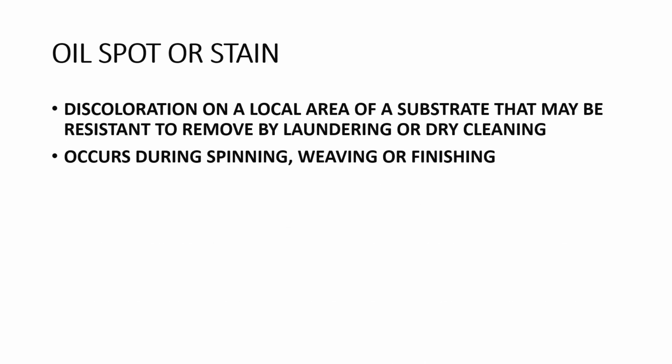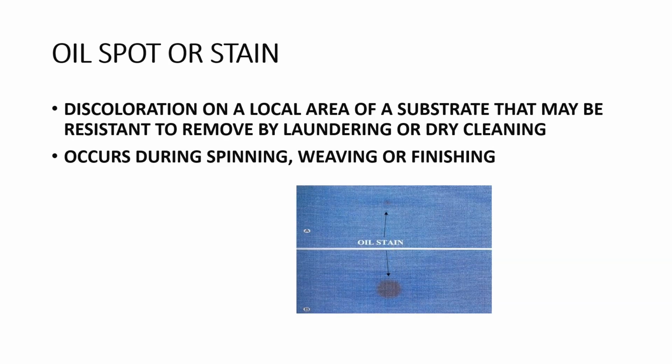Now let us see, students, what other kinds of defects occur in production. Oil spot or stain is a very common defect in production. As I already told you, it is a discoloration defect, a minor defect in a localized area, and it can occur in spinning, weaving, finishing, because when the machine parts are getting lubricated, there is always a chance of oil spots and stains.